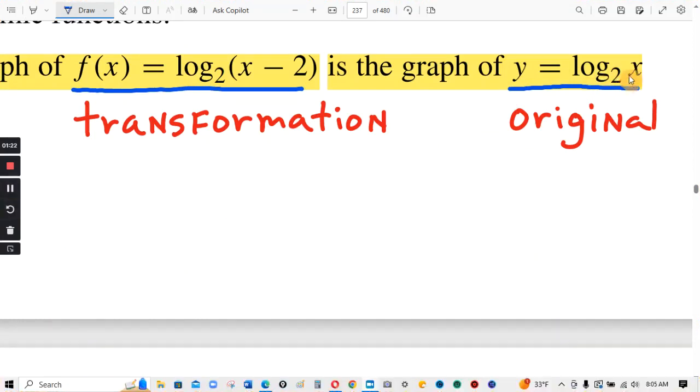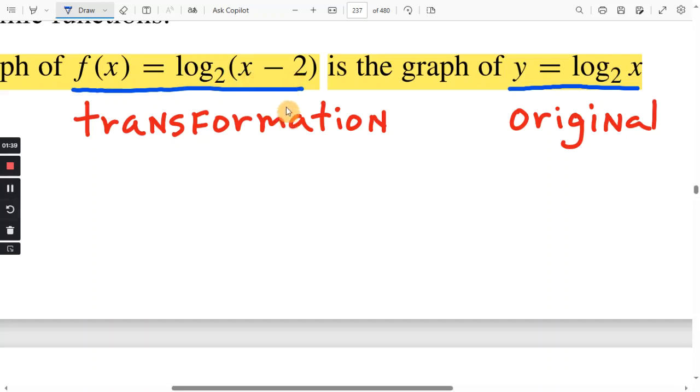All right, if this is the original and here we did x minus 2, remember when you add or subtract from x, it moves it left or right, but it's reversed. So x minus 2 makes it move to the right by 2 units. So if you started with this and did x minus 2, it goes to the right 2 units.